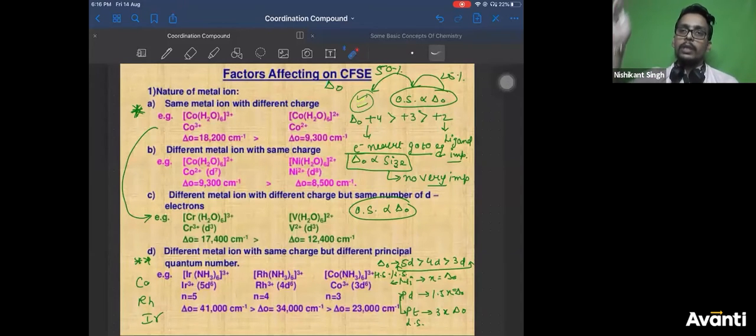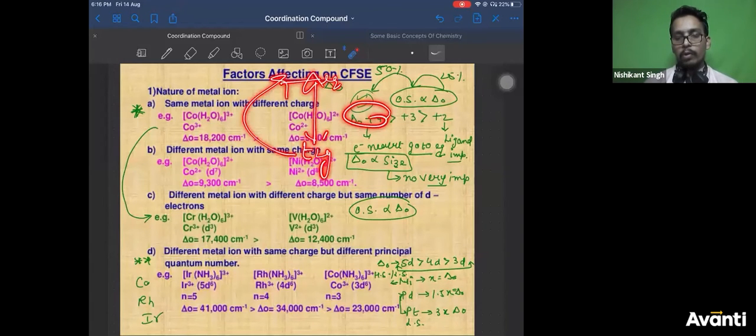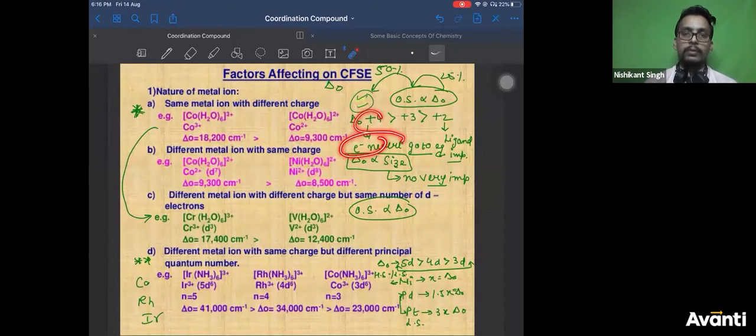Weak ligand, the electron can go to EG. Strong ligand, the electron will pair in T2G. In +3 the ligand also has some role, so the electron can go to EG or come to T2G. But in +4 delta O is very large, so the electron will never go to EG. It will always pair in T2G. That is the meaning of it.